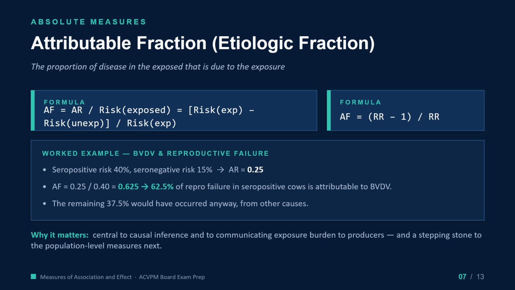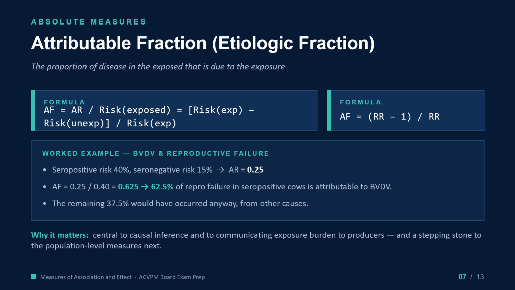In other words, of all the disease occurring in exposed animals, what percentage can we attribute specifically to the exposure? There are two equivalent formulas worth knowing. AF equals AR divided by the risk in the exposed equals the risk in the exposed minus the risk in the unexposed divided by the risk in the exposed. Or equivalently, using the relative risk, AF equals RR minus 1 divided by RR.